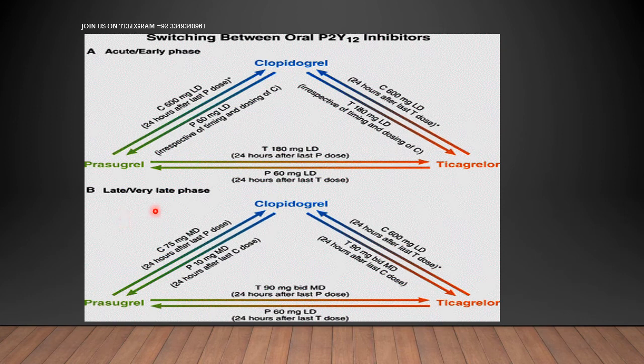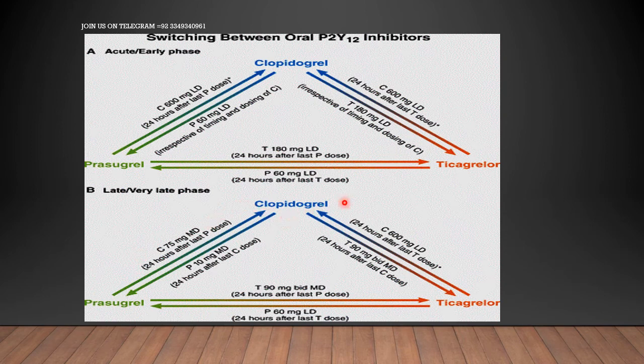During the late and very late phases, if you have to escalate from clopidogrel to prasugrel, just give a 10 milligram maintenance dose 24 hours after the last clopidogrel dose. On the other hand, during the late phase, if you have to de-escalate from prasugrel to clopidogrel, give clopidogrel 75 mg maintenance dose 24 hours after the last prasugrel dose.